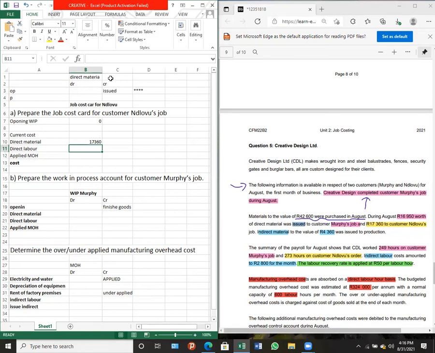You are going to have these three T accounts, which are direct material, manufacturing overhead and work in process. And then there are arrows. They will show you the issued is going to transfer into what? To work in progress. Ne?